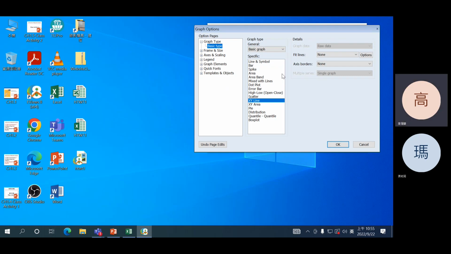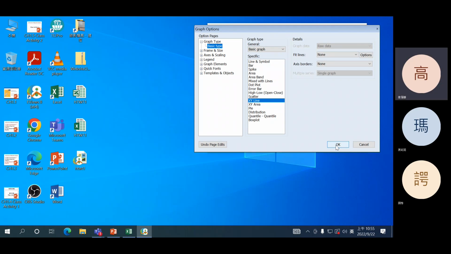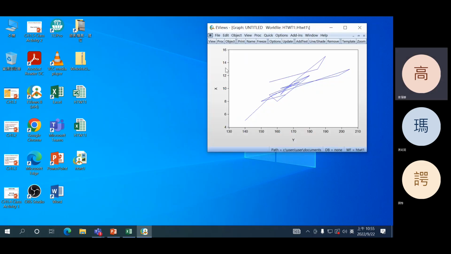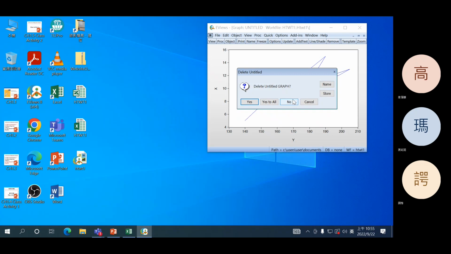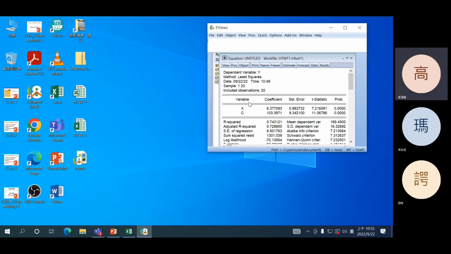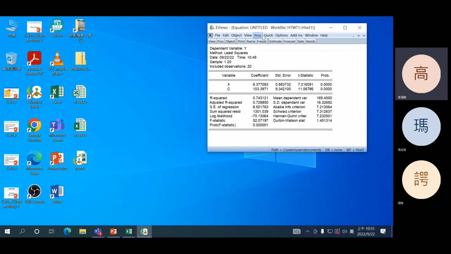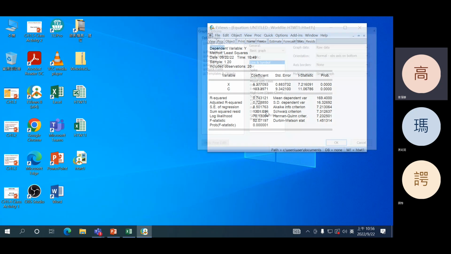Okay, then let me try it. Is it XY line? Oh, no, I'm sorry. Delete equation. No. Delete the graph, yes. Let me draw a quick graph XY.